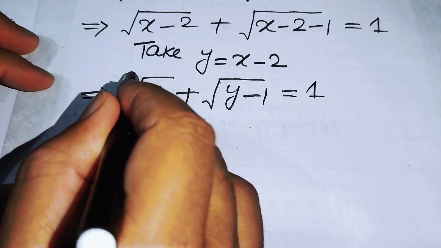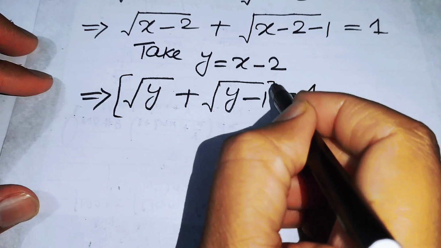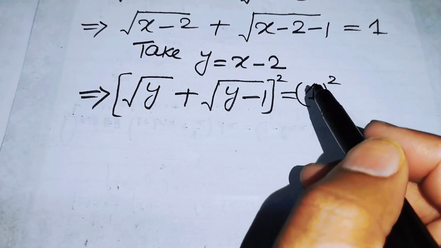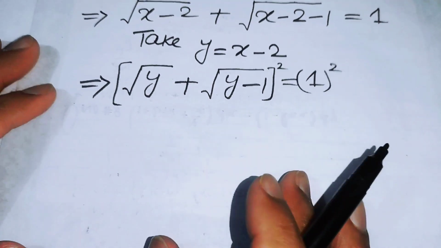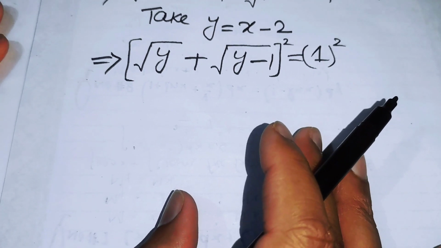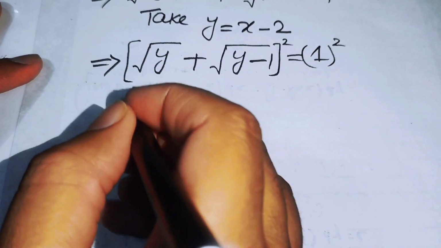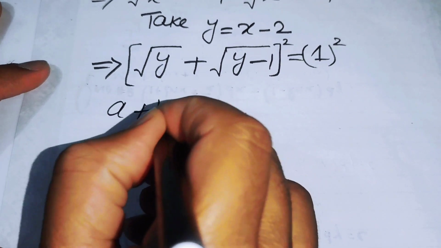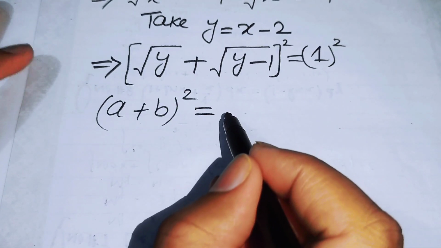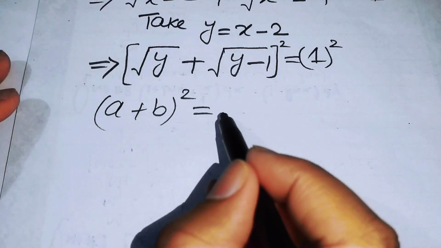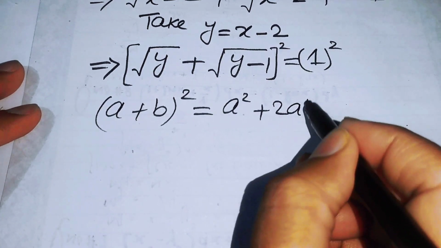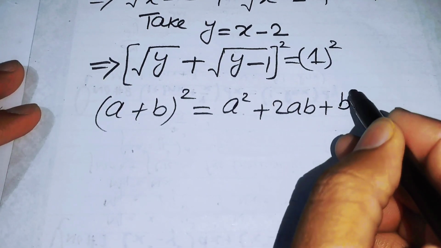So when we take square on both of the sides, this expression will become in this form, so that here I can apply the famous square identity. And you know about this identity: if we have a plus b whole square, then it is equal to a square plus 2 times ab plus b square.